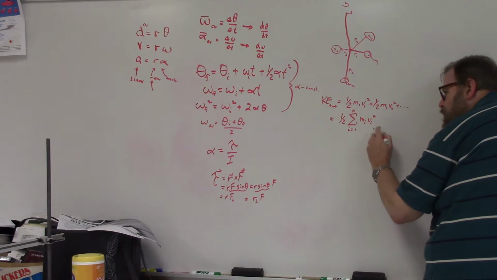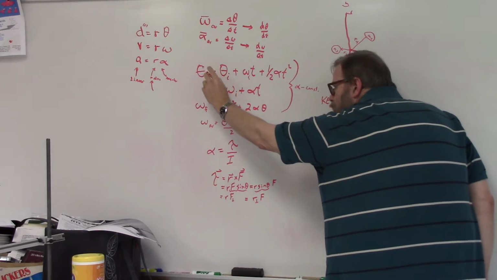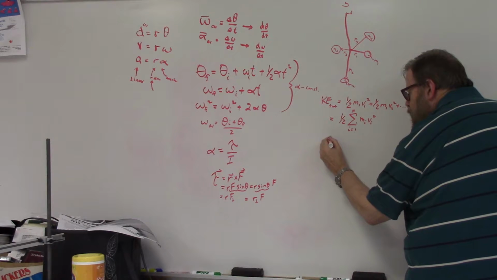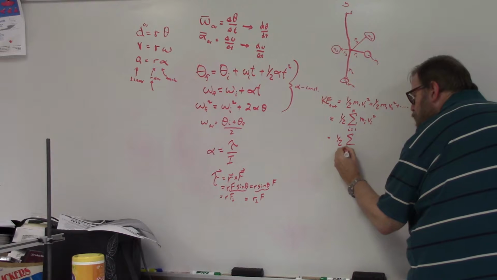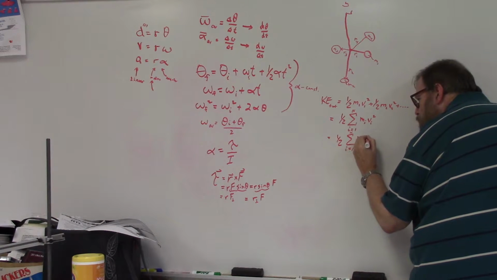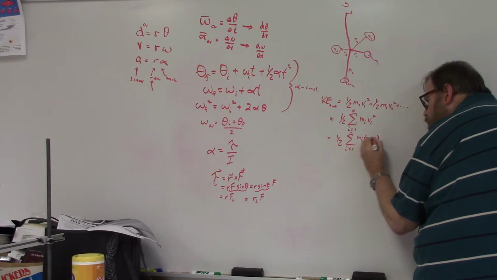Now what can I write as an expression for the velocity? Go back over here, we talked about the velocity being r omega. So if I substitute an r omega in here, for v sub i, I'm going to put in r sub i times omega, quantity squared.